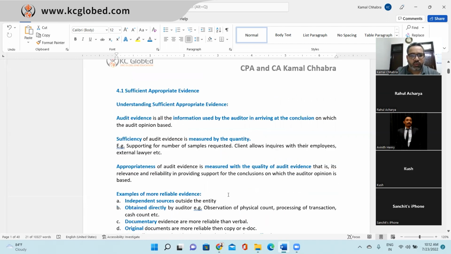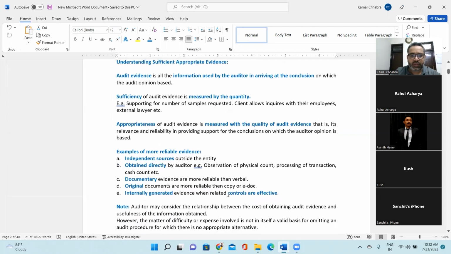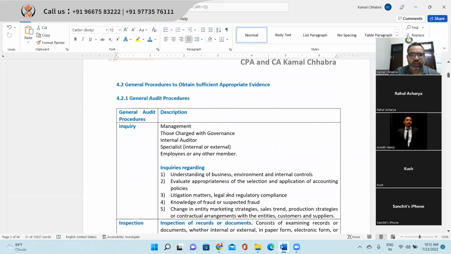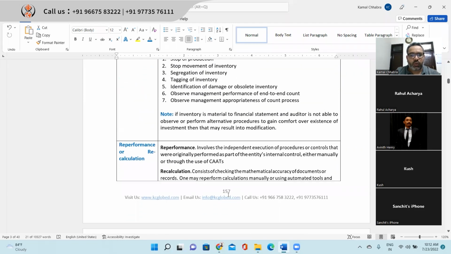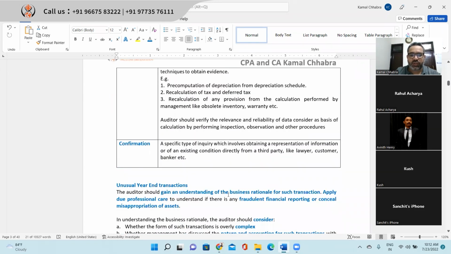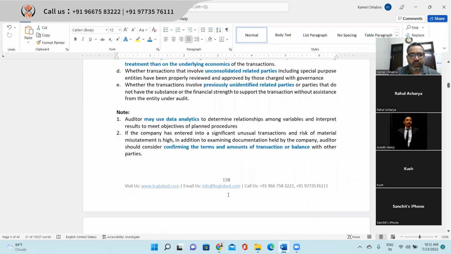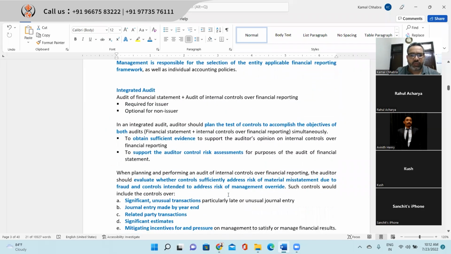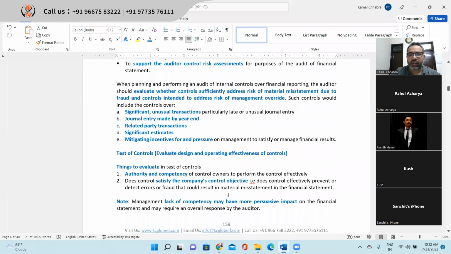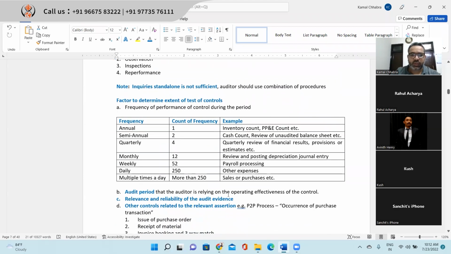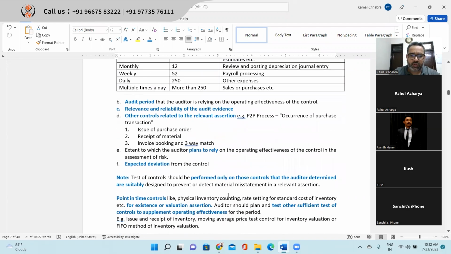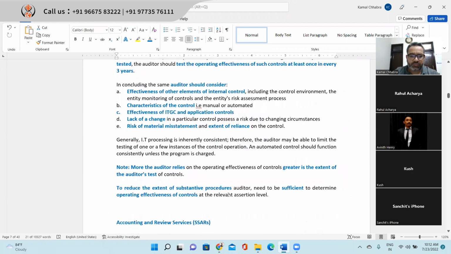So if I take you through a quick walk of what we have done last week: sufficiency and appropriateness of audit evidence, which we discussed in detail. General audit procedures: inquiry, inspection, observation, roll forward procedure, reperformance, recalculation, and confirmation, right? Then some year-end procedures we discussed. After that, we discussed additional things required for integrated audit, like test of controls, test of control procedure, frequency, count of frequency, and what all things we need to do in test of controls as well, right?